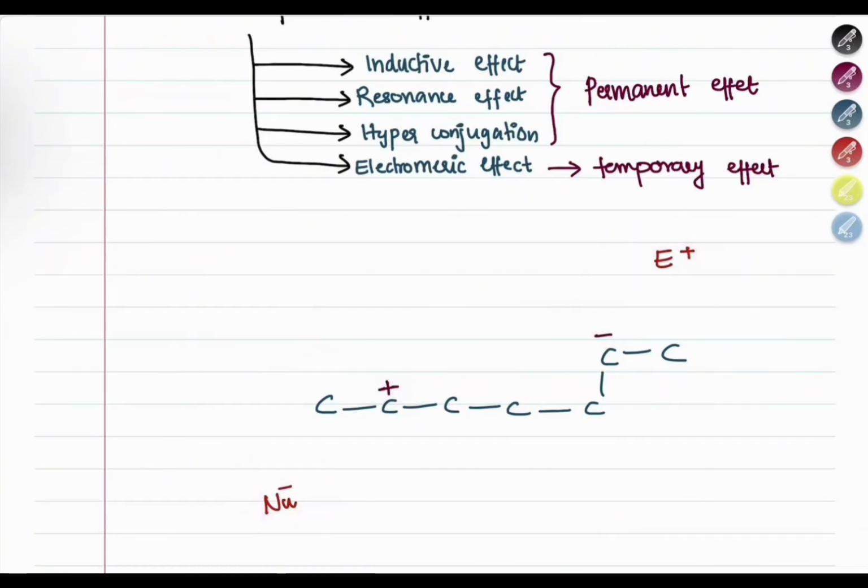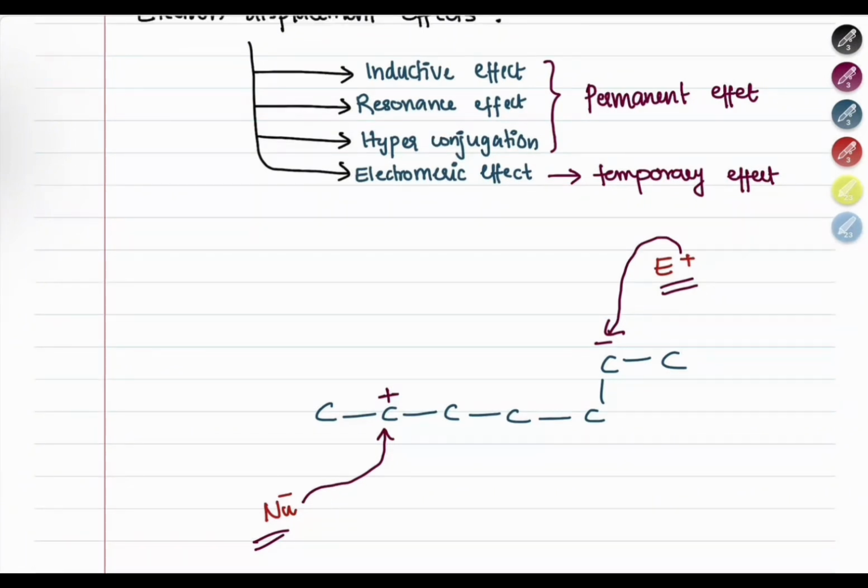We need to know where the electrophile and nucleophile attack. We know an electrophile will attack the electron rich center, and a nucleophile will attack the electron deficient center. So to know where in a molecule positive charge and negative charge will arise, and where the nucleophile and electrophile attack, we need to explain the different electron displacement effects.